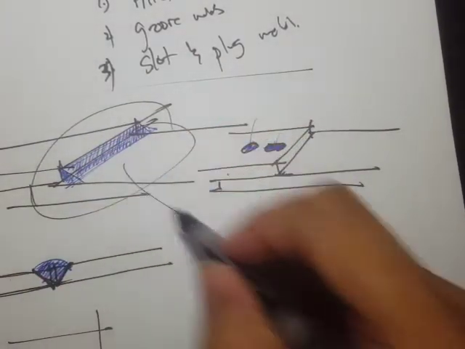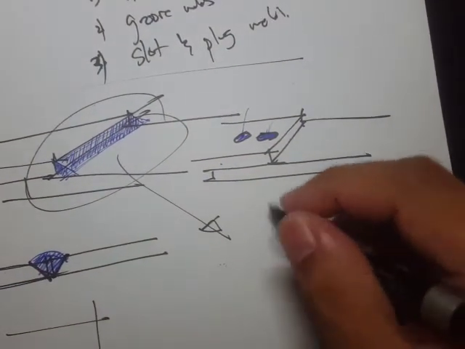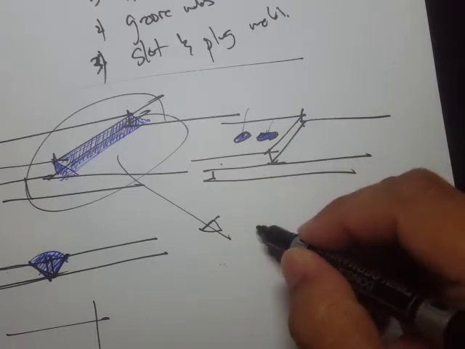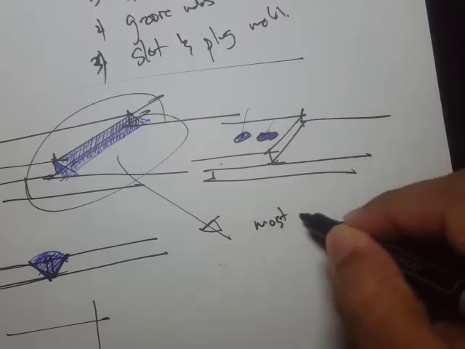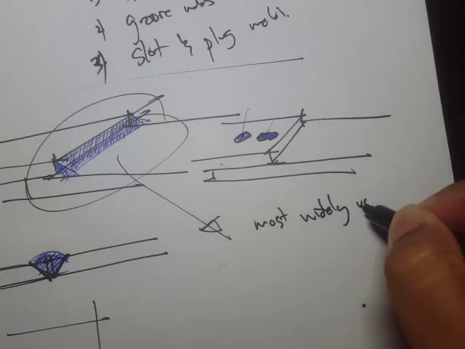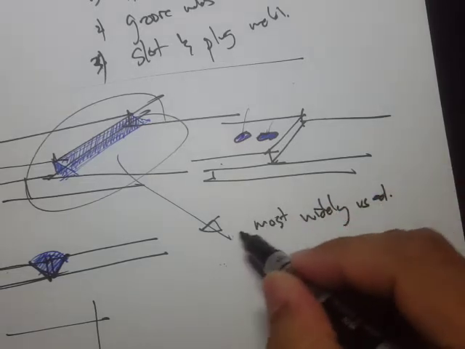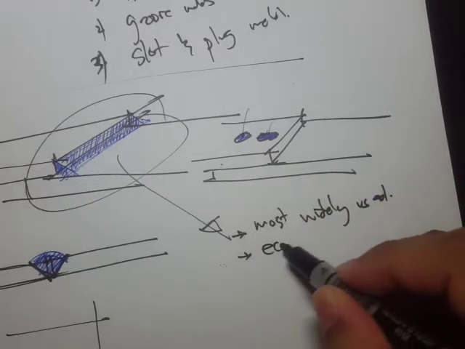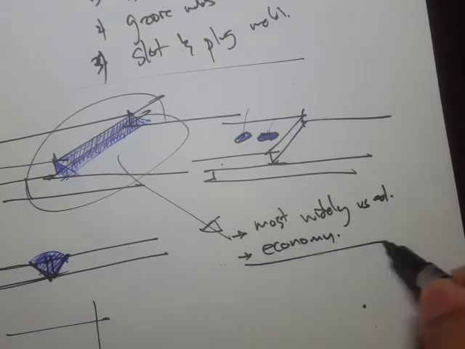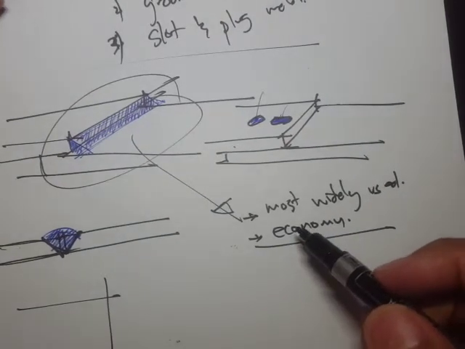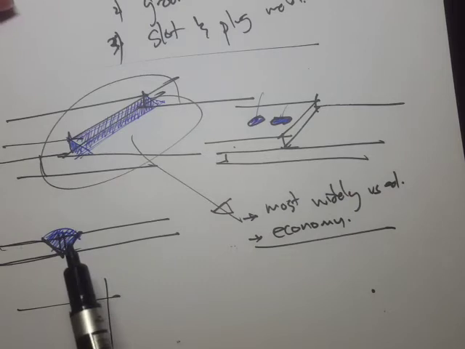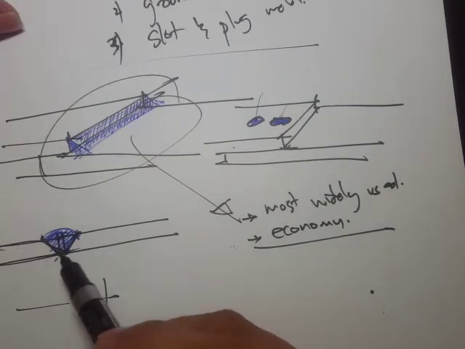Okay, so this fillet weld, this is probably most widely used, and it has economy. Why? Of course, you don't have to do any preparation as compared to the groove welds.